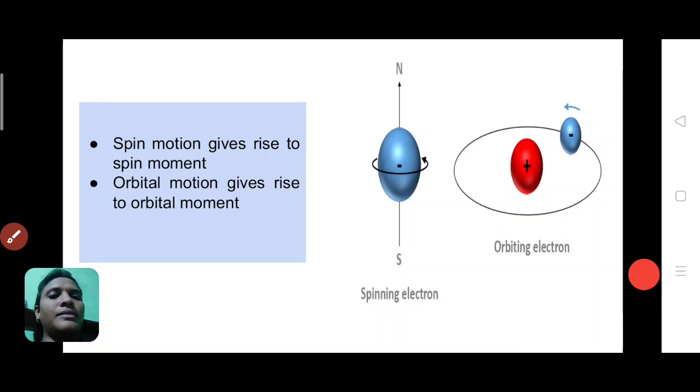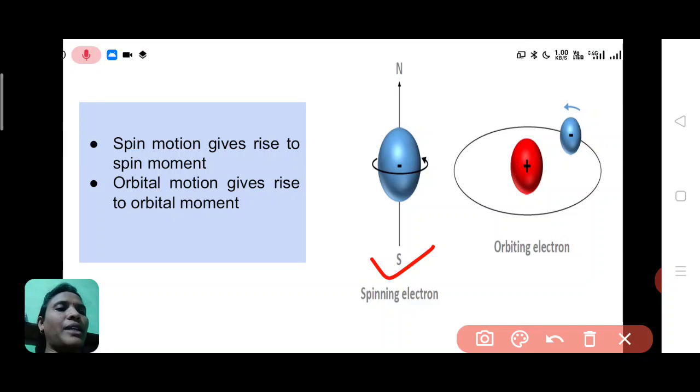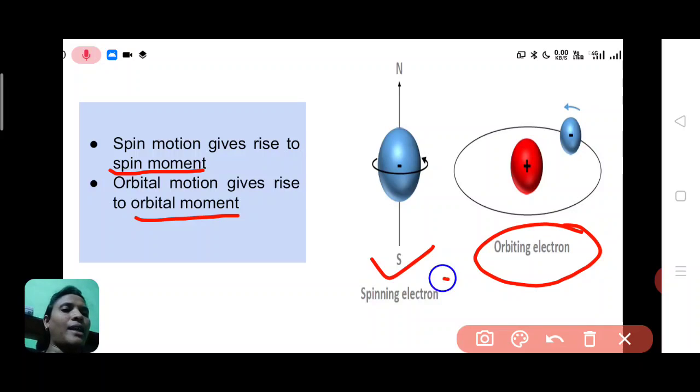See here, spin motion is the spinning of the electron. Due to spin motion, there arises a spin magnetic moment, and orbital motion gives rise to an orbital magnetic moment. This is an orbiting electron, and this is a spinning electron.